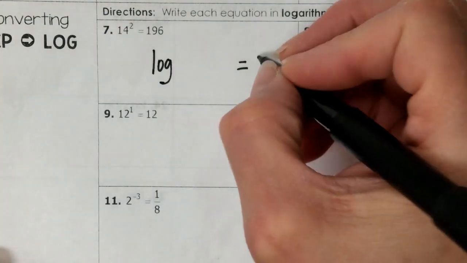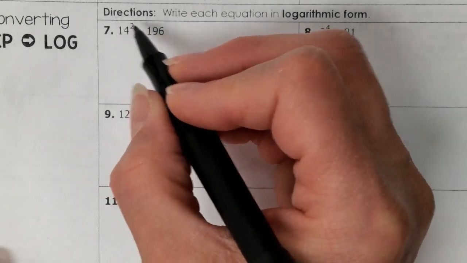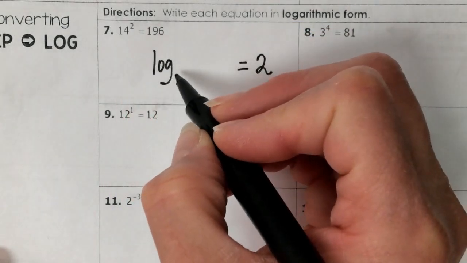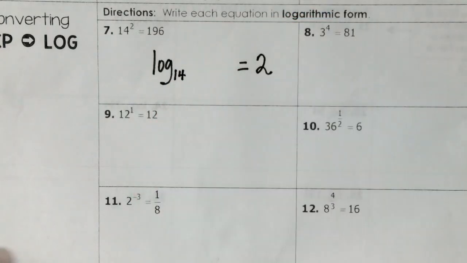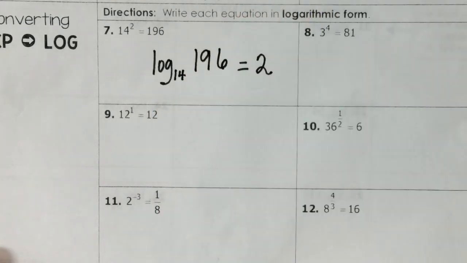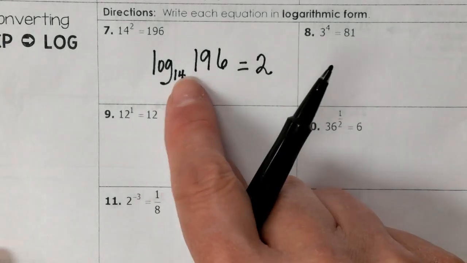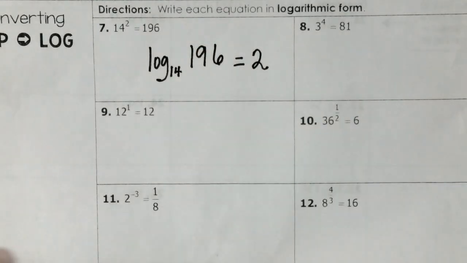So it's going to equal the 2. The 14 that is the base becomes the base of the log, which turns kind of small. They write it small. And then the 196 comes here, and it's normal size. And that is how you rewrite it. It is 14 to the 2 equals 196.